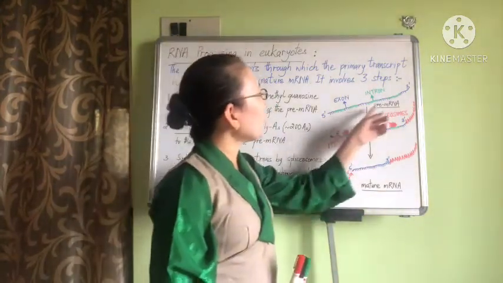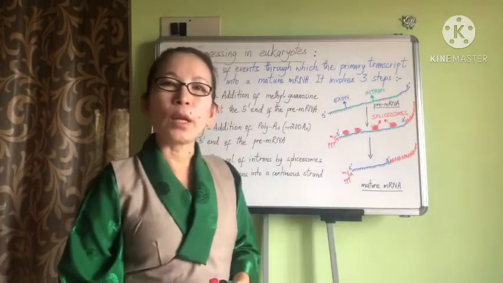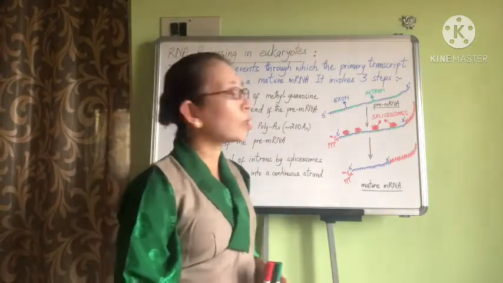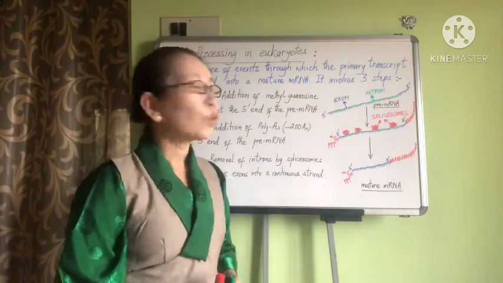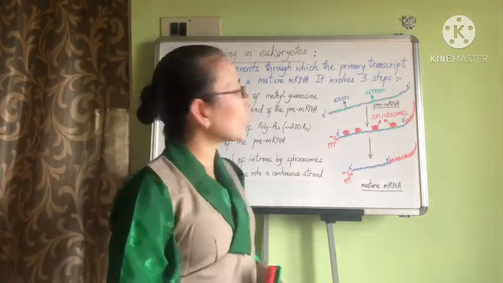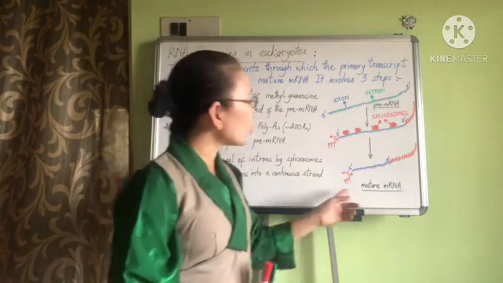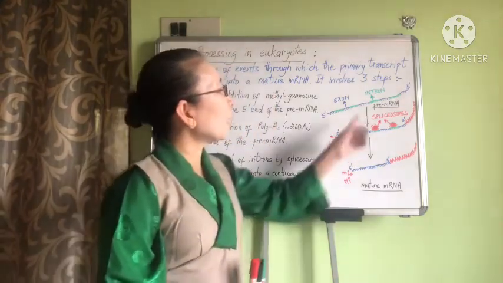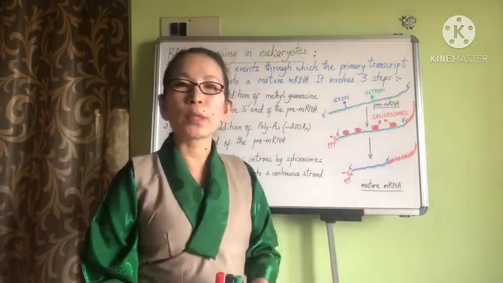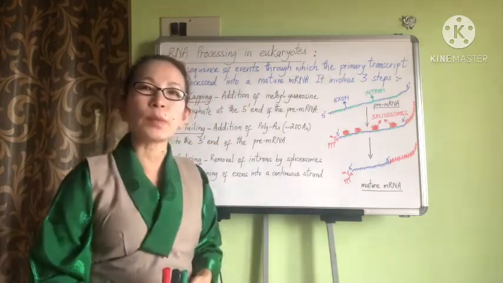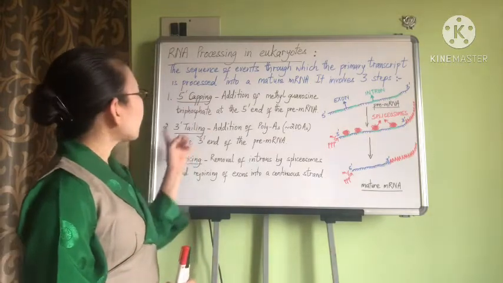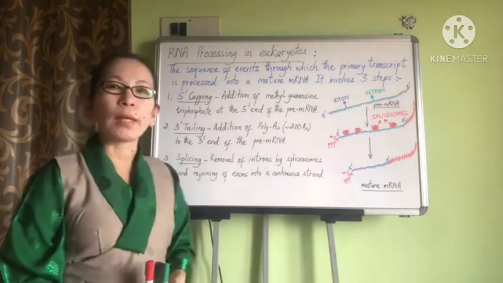Such a pre-mRNA, or primary transcript, in eukaryotes undergoes an additional processing step collectively known as RNA processing. Through the sequence of events during RNA processing, a mature mRNA is generated from a pre-mRNA. RNA processing involves three steps: 5' capping, 3' tailing, and splicing.